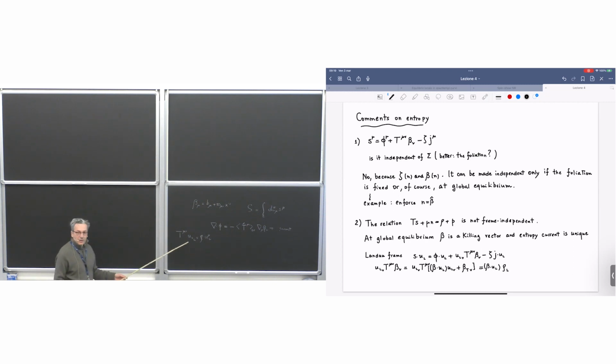Okay, let's multiply this by U, and let us check if this relation applies. Then we have s dot U_L, then phi dot U_L, and then you have this contraction here.